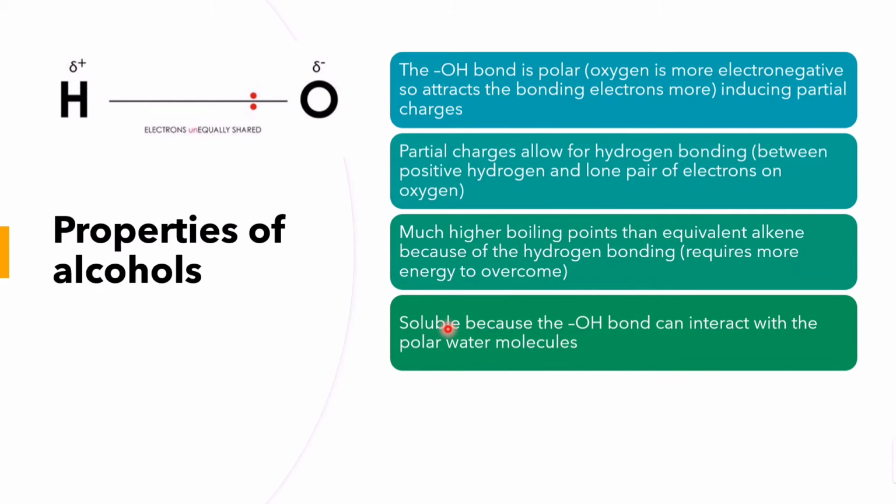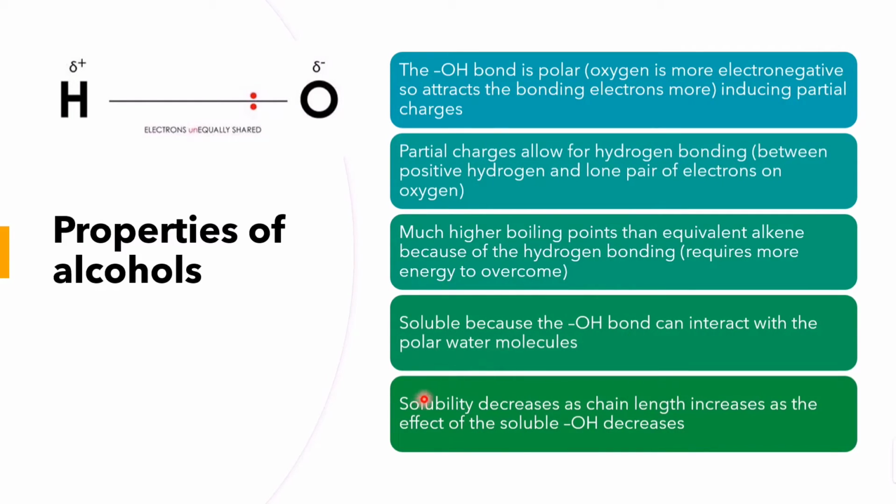And our alcohols are soluble, and this is because the OH bond can interact with the polar water molecules. However, our solubility decreases as the chain length increases, and this is because the effect of the soluble OH group decreases.